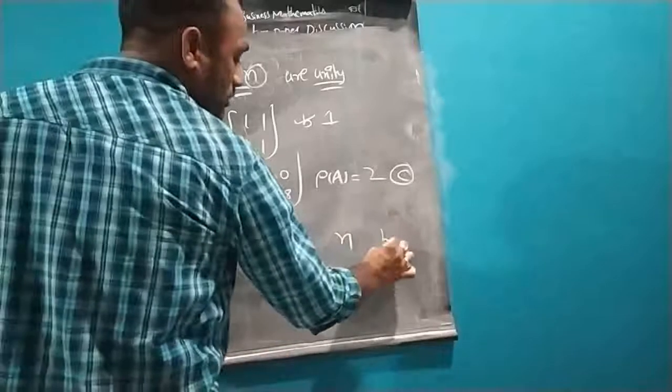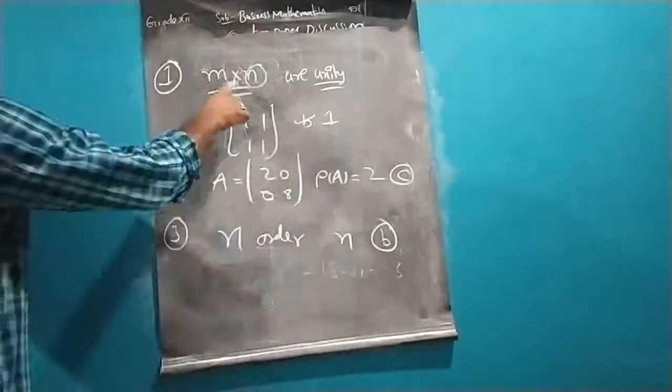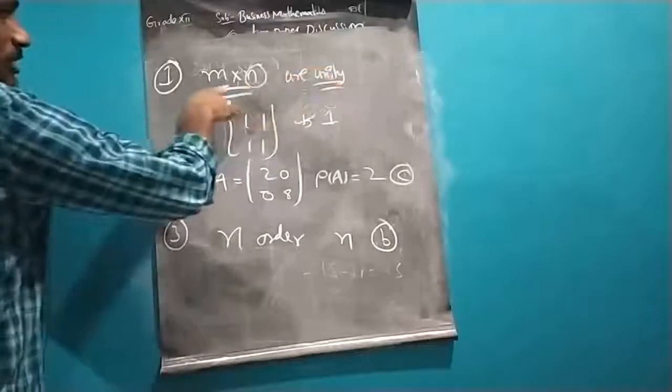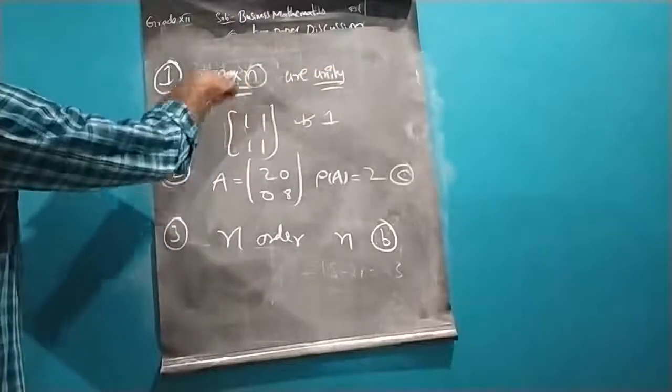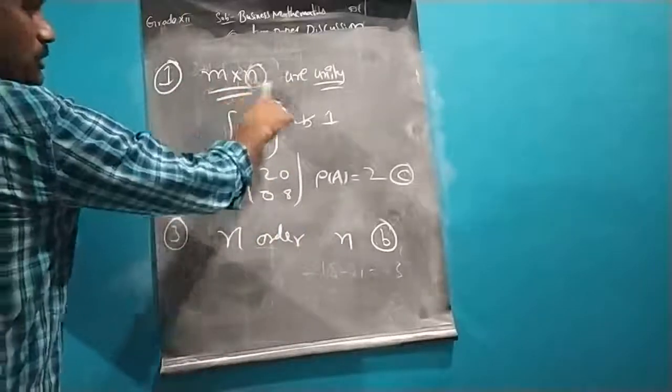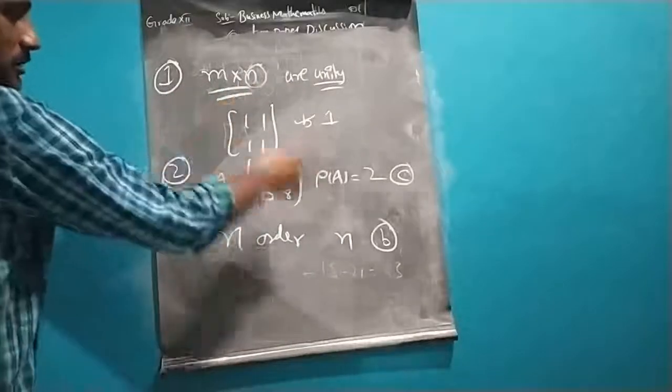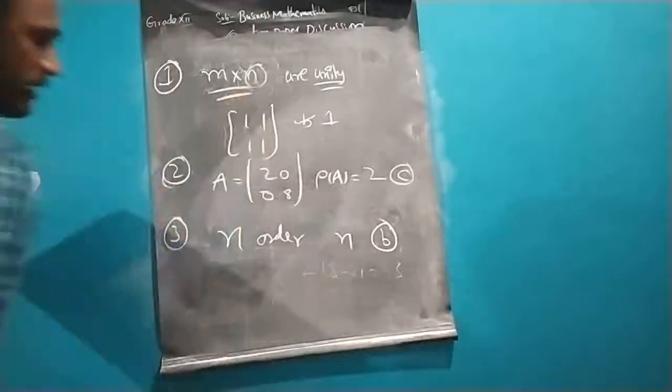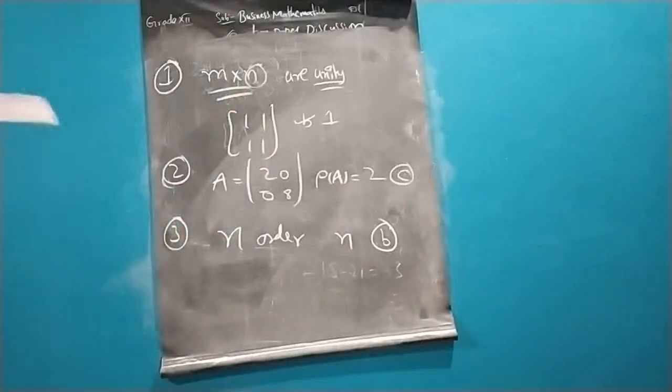That is option B. Already we discussed in the first question that if it is a matrix of all unity elements, of any order, either m order or n order or both, the rank depends on that. If it is both orders, it will be 1. If it is m order, the rank will be m. If n order, the rank will be n. Next, fourth question.